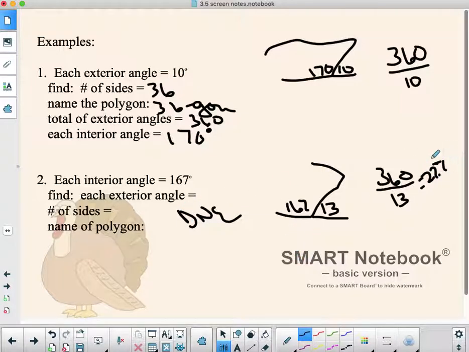Okay? If I would have gotten a whole number, let's say it would have been 168, and that would have made my exterior angle 12. When I take 360 divided by 12, now I get a whole number, and then I know how many sides my polygon has. But in this case, since I got a decimal, I would say that this one doesn't exist. Okay? That ends this lesson.